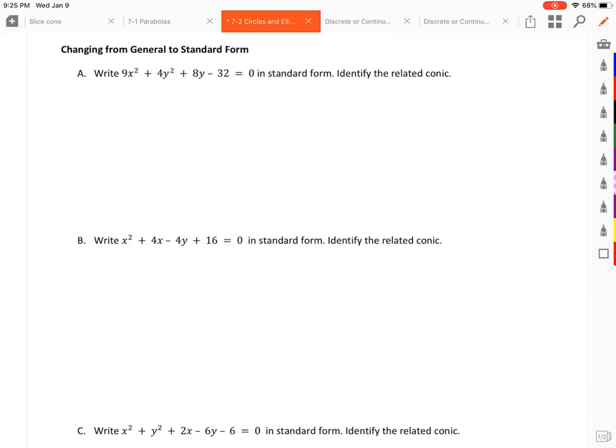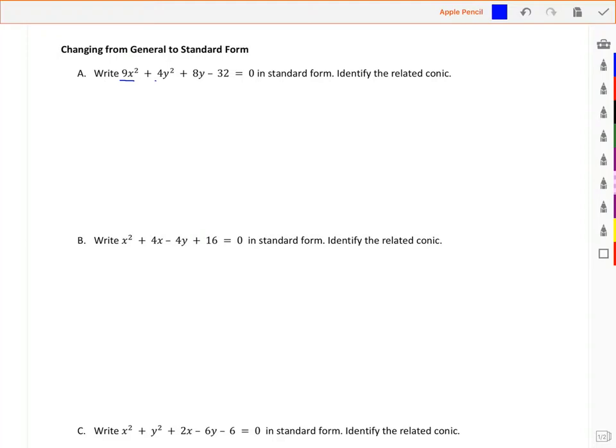I'm going to identify the conic first. Okay, so I see that I have both x squared and y squared, which tells me it's either a circle or an ellipse. And I've got different coefficients, and they have the same signs. We'll get into that next week, but that would mean that this would be an ellipse.